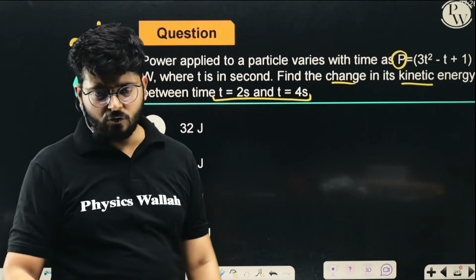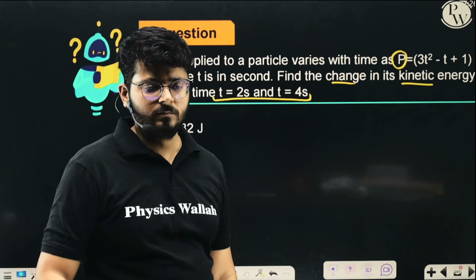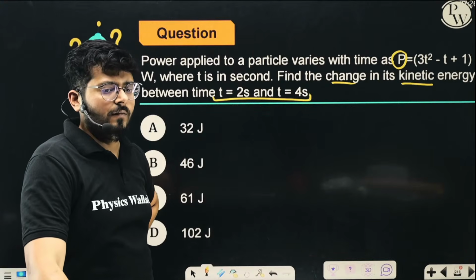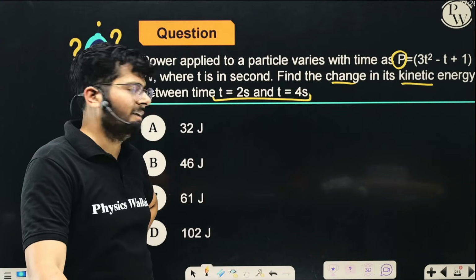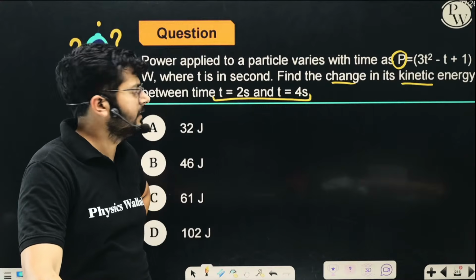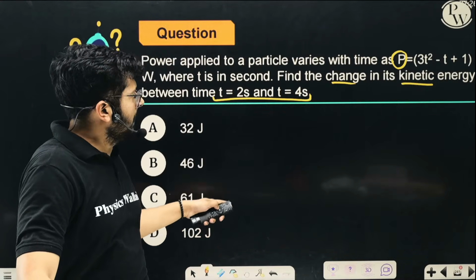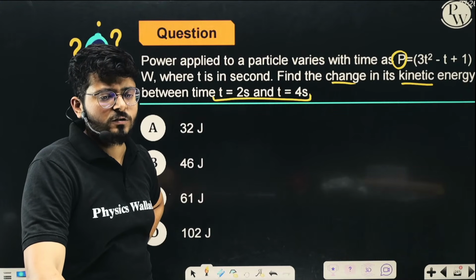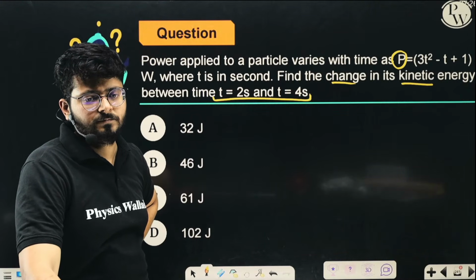Think about it and try to solve it. Right now, I've just explained to you that power is related to force into velocity vector. And over here, we have seen power is nothing but rate of work done, right? So by looking at those expressions, we can easily solve it.